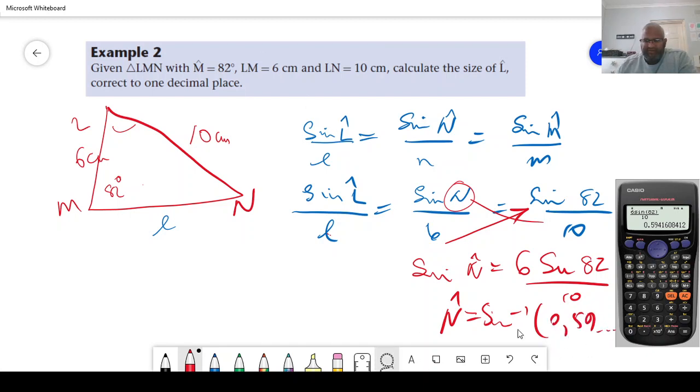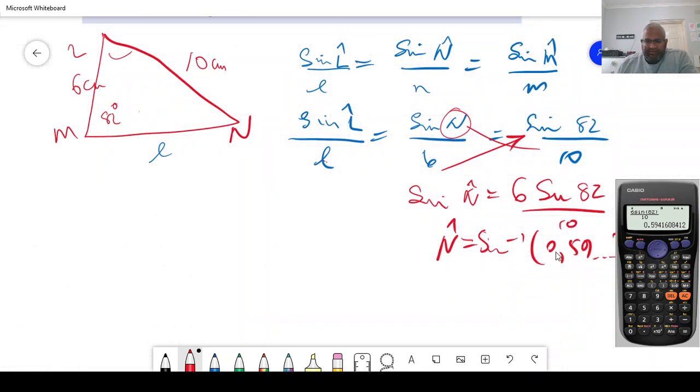Alright, so put that in the calculator. Shift sine or arc sine. Remember, if I press this answer button, that's the last answer calculated on the calculator, so you press shift sine or arc sine of that answer.